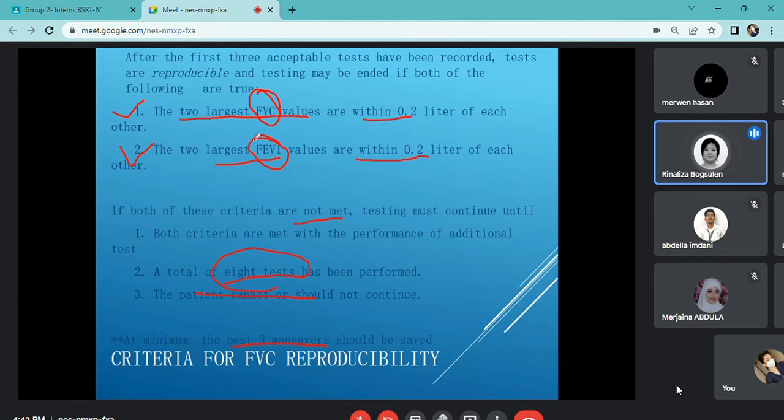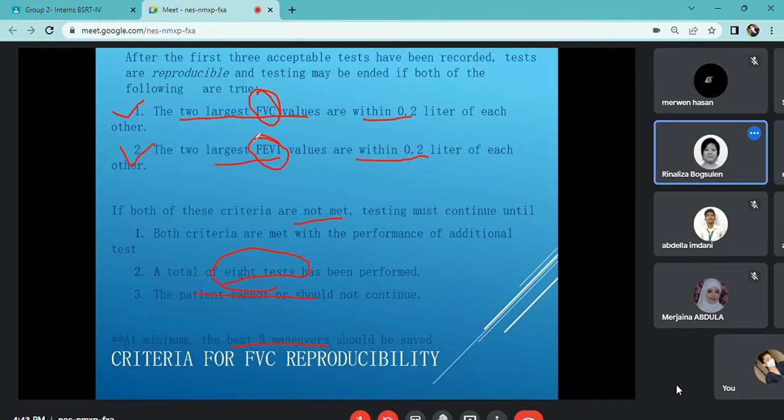Okay? So, the best test that you're going to report will have the highest value for your FVC and the highest value for your FEV1, even if they come from 2 different trials. Nakuha? Ano ibig sabihin?